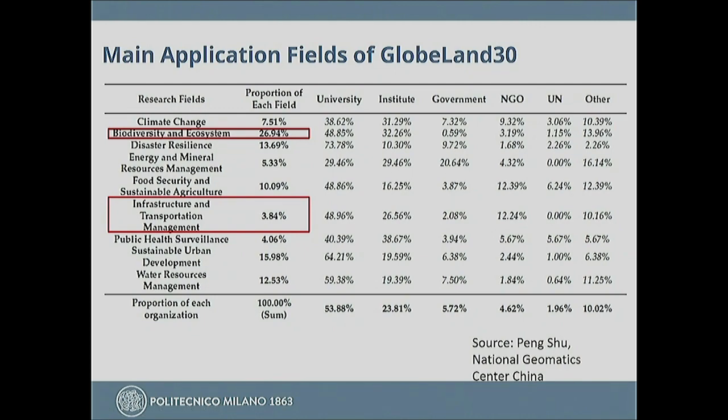But we have also other usages, like studying sustainable urban development, water resources management, disaster resilience, and also some cases that seem to be quite far from this kind of map, that is, problems related to infrastructure and transportation management. So it is very wide, the usage of this kind of map.